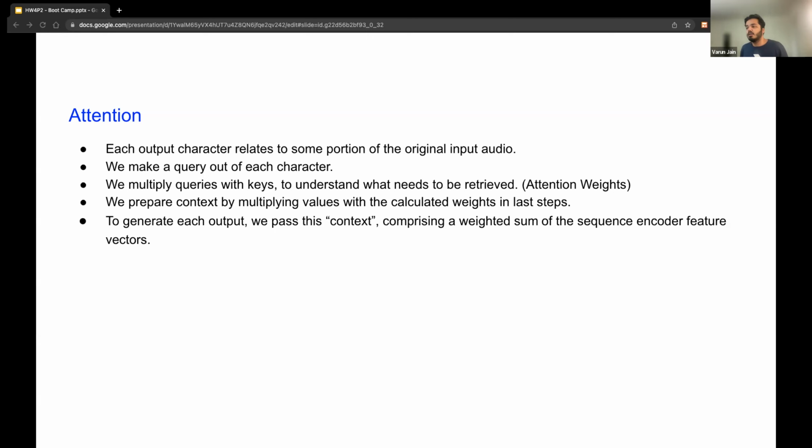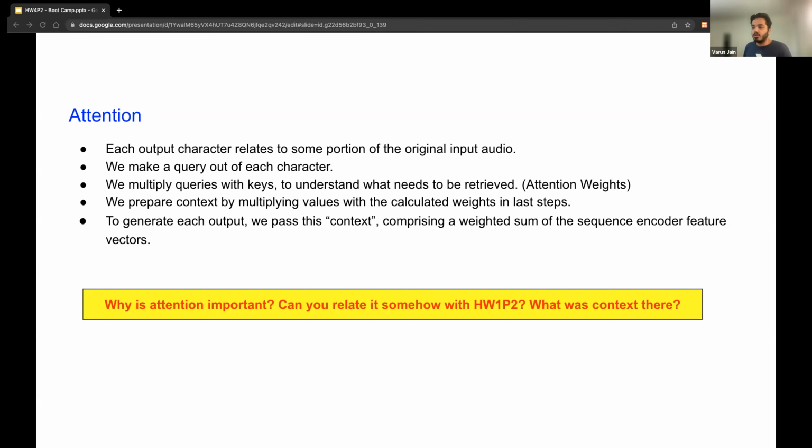After that, these retrieved keys are used to calculate how much weight is to be allotted to each of the values. And finally, we do a weighted sum of these values to find our attention context. So we will see how this attention context becomes important, and why attention is really important.